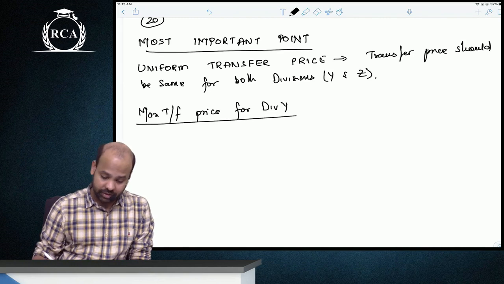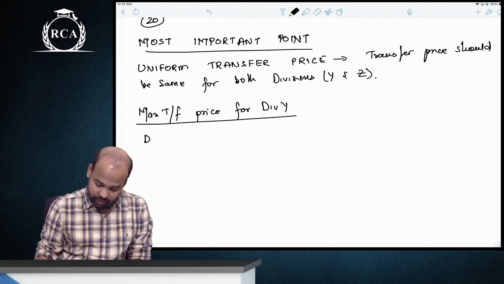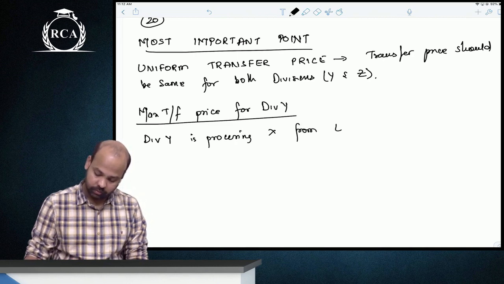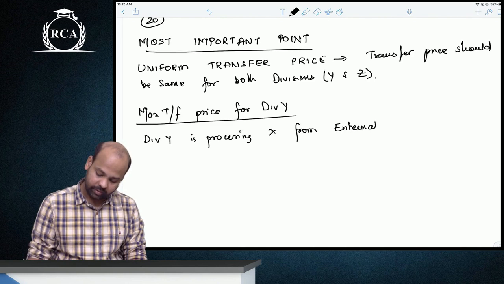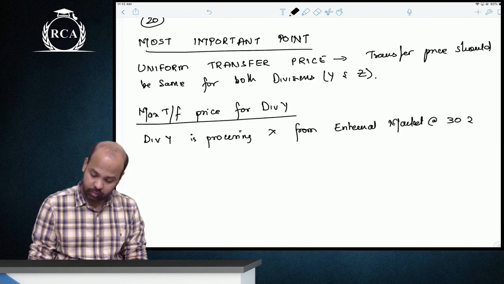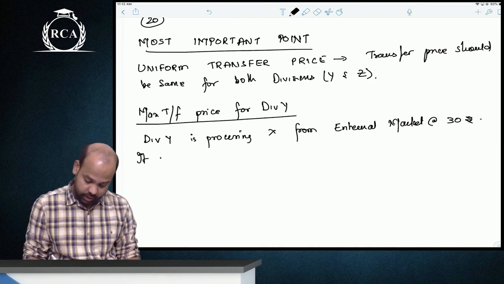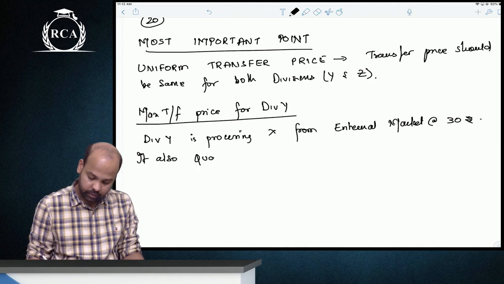So guys, at how much is division Y buying from outside? Division Y is procuring X from the external market at 30 rupees. It also incurs a quality inspection charge of 2 rupees.